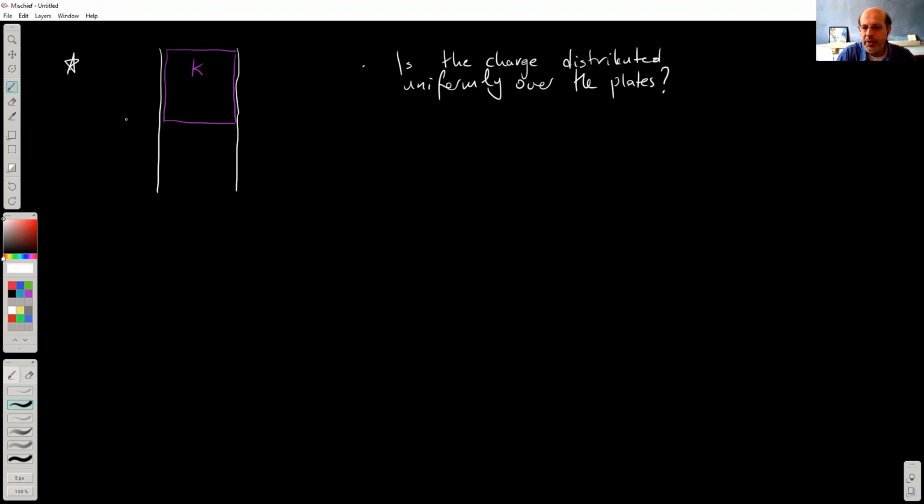If you just look at the problem, it doesn't have to be so. It is possible that, for example, in this region, the surface charge density might be a little bit larger, or a little bit smaller, than the charge density in here. The charges on that part of the surface are seeing a different physical environment.